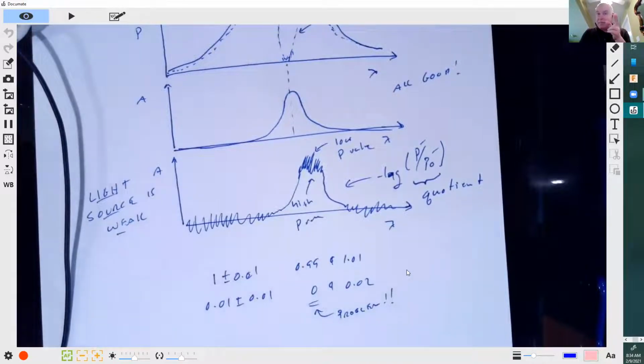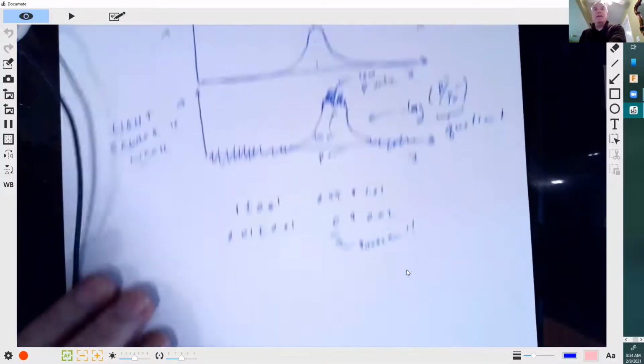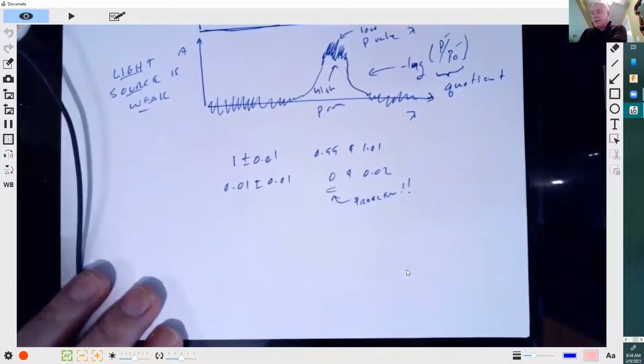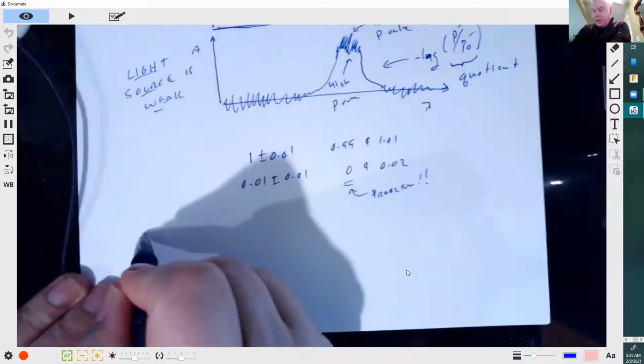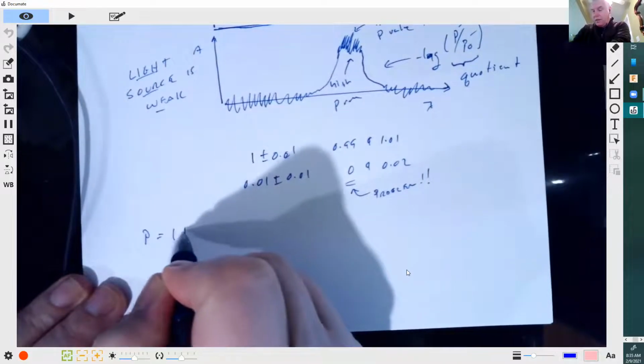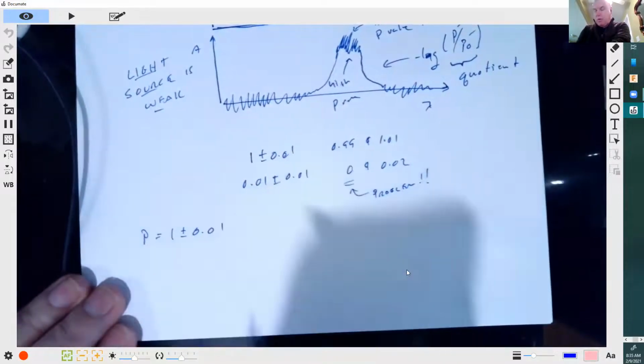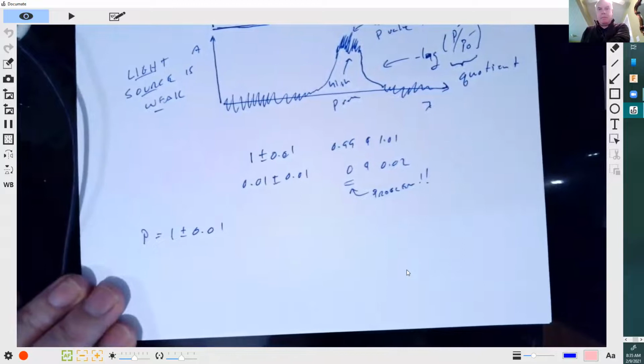But if the light power through the blank is very low, then you cut the top off that. So let's say we have light power equal to 1 plus or minus 0.01, right?